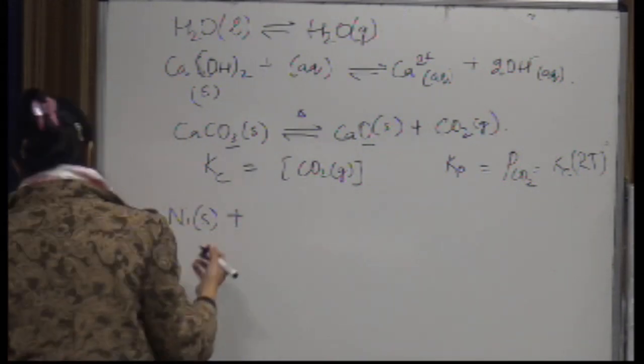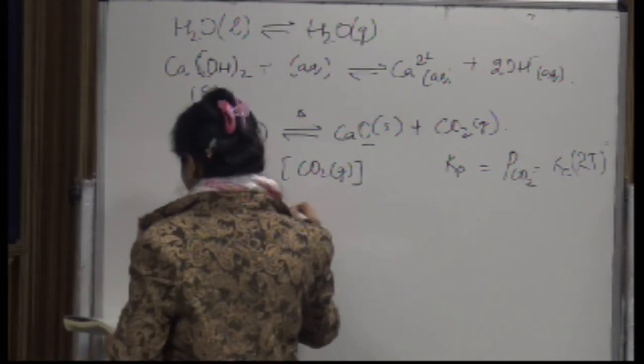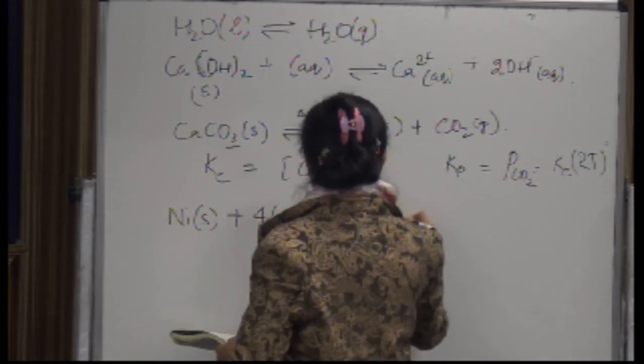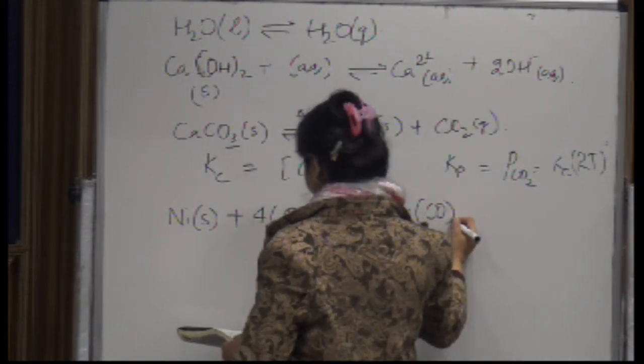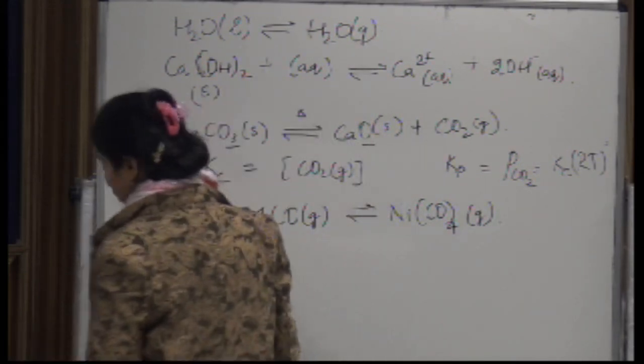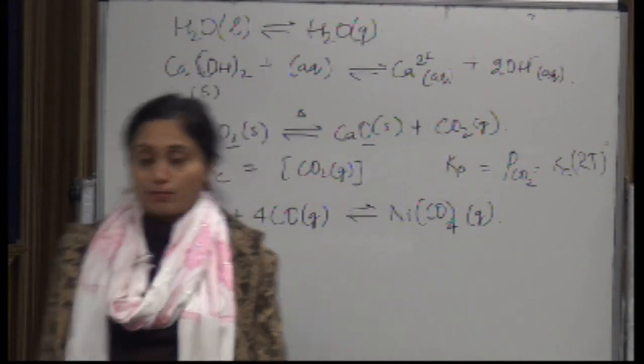write down the modified rate constant if you have understood this for Ni solid plus 4CO gas giving NiCO4 gas. Alright, and write down the relationship between Kc and Kp also.